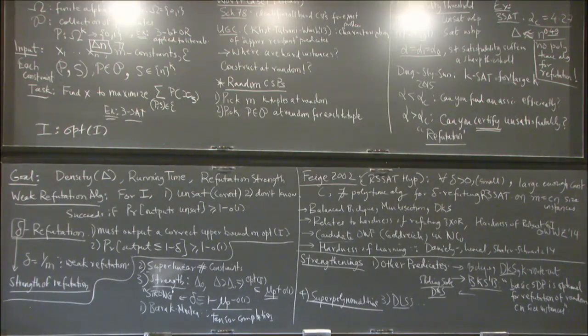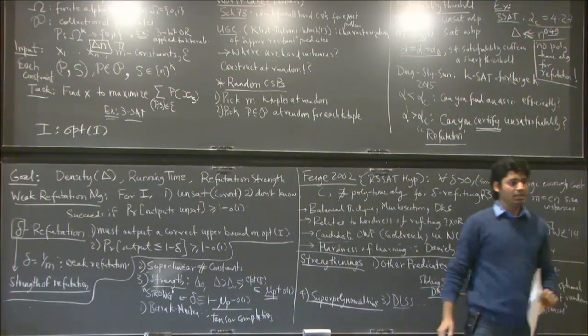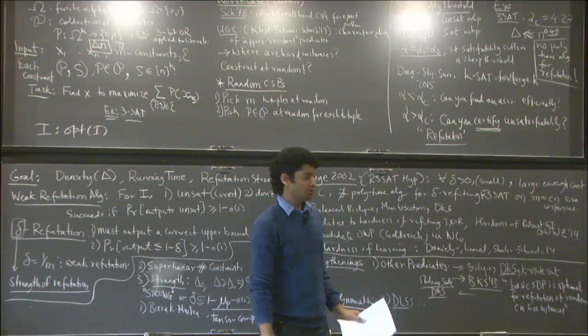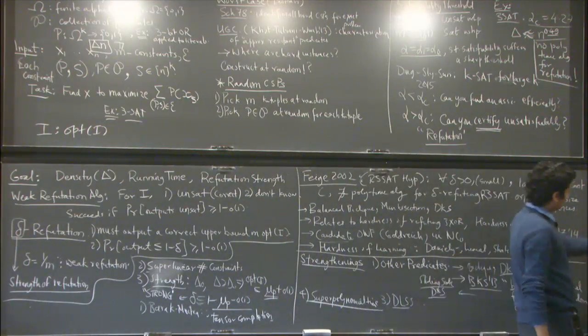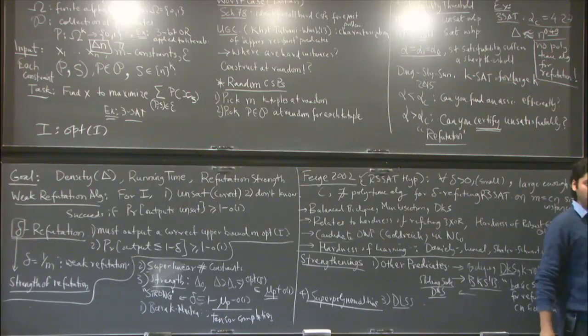So the number of constraints, refutation strength delta, and running time. And the main result I'm going to show you today is the accomplishing of this goal for the sum of squares algorithm.